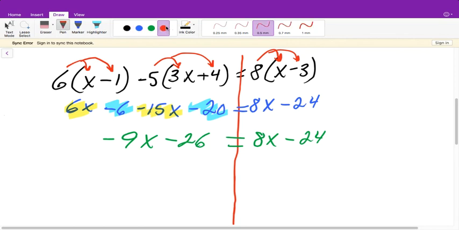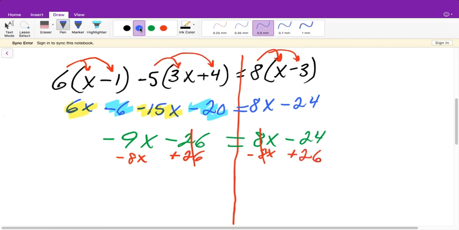We have our variables and our constants. We need to move our variables to one side. So I'm just going to go ahead and decide to move them to the left. So since I'm moving across this line, I am taking the inverse operation. They cancel out. And since I moved my variables to the left, I need to move my constants to the right. So that means I need to take the inverse operation of this minus 26, which is plus 26.